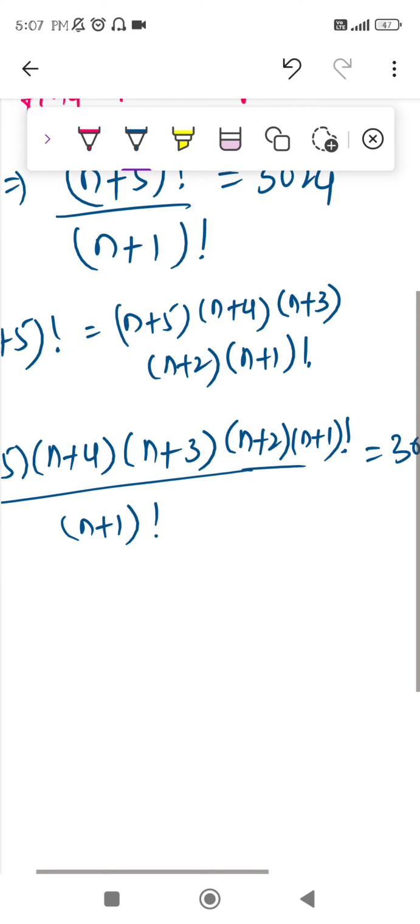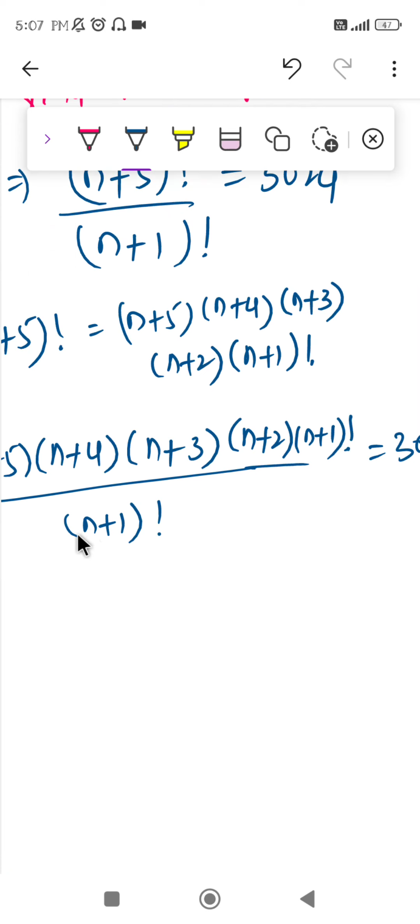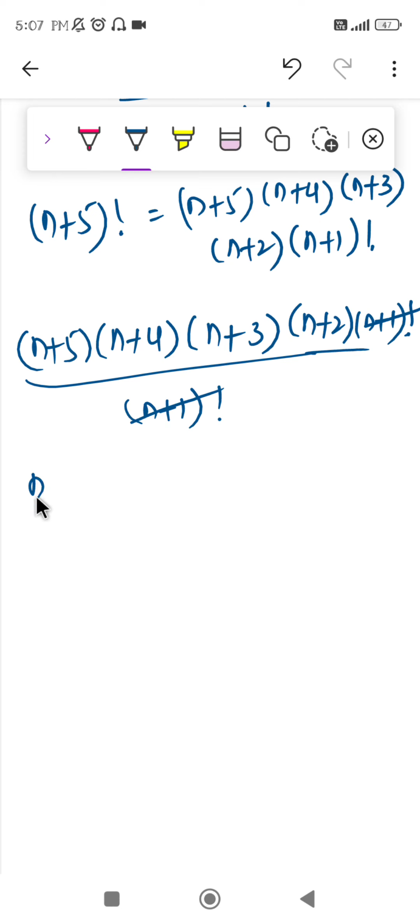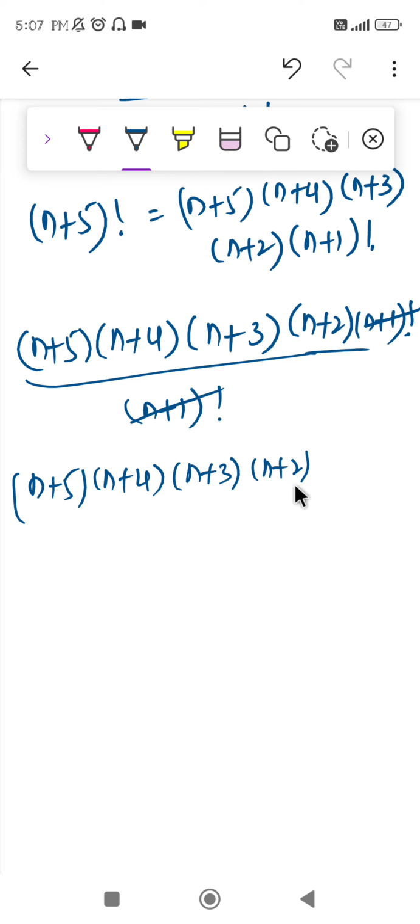And here (n+1)! and (n+1)! will get cancelled, and we'll be having (n+5)(n+4)(n+3)(n+2) is equal to 3024.